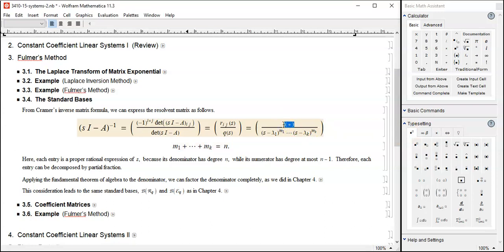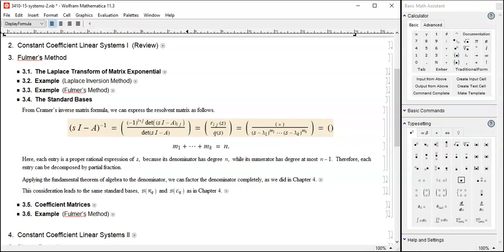So if you take the decomposition by partial fractions, then you're going to get a bunch of fractions that look like some coefficient over s minus lambda something.